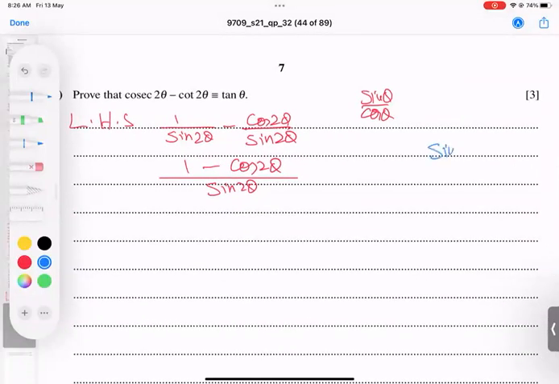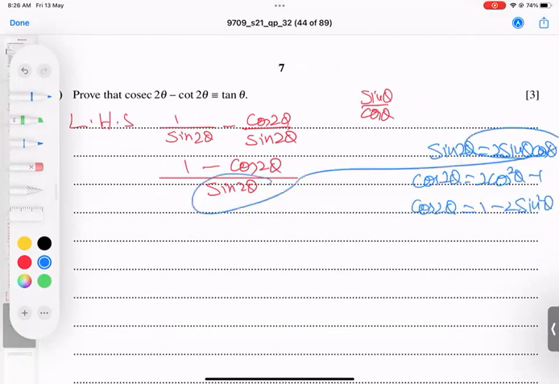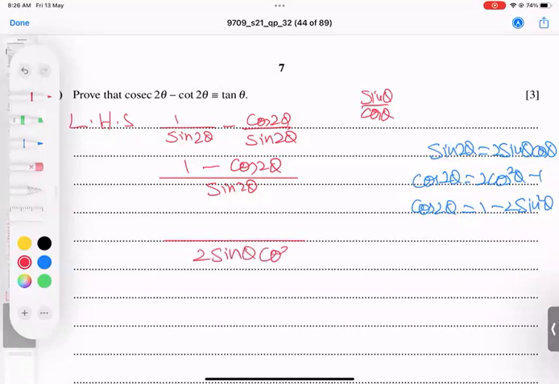Sine has only one formula. I will just tell you the formula list. So sine 2 theta is 2 sine theta cos theta. We know already. But cos has two formulas. One is 2 cos square theta minus 1, and one is 1 minus 2 sine square theta. We have a third one too, but let me see. Here I will plug in this value, so no issue at all. 2 sine theta into cos theta, done.